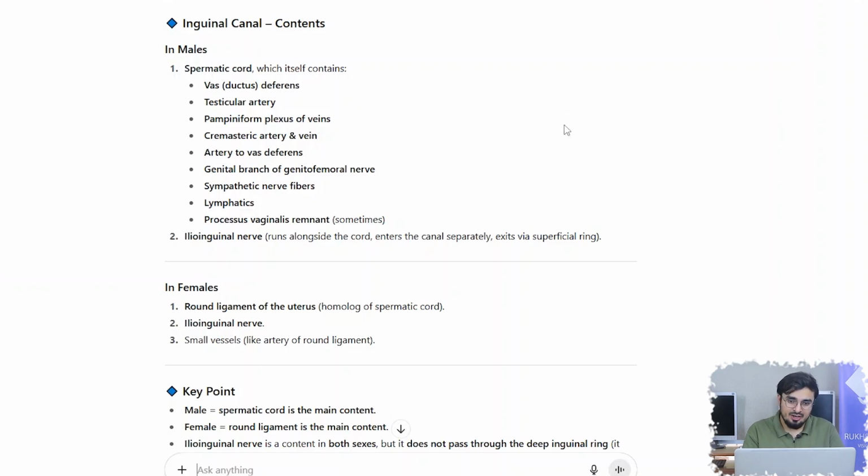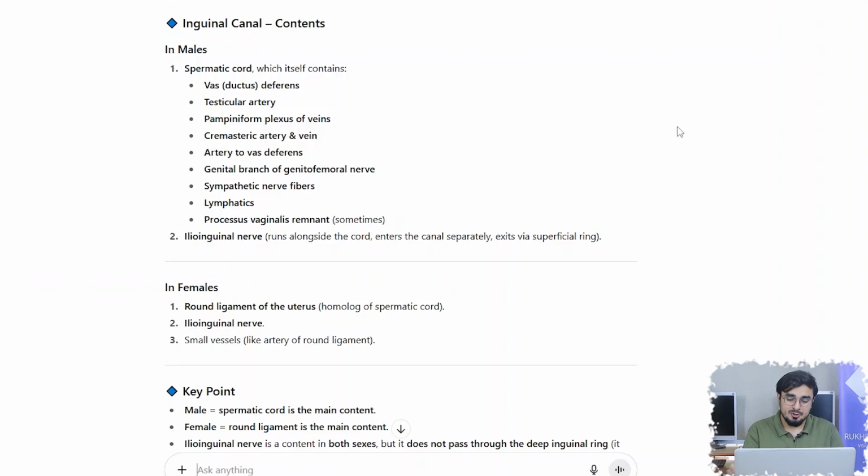About the arteries and veins, the most important artery is the testicular artery, and the most important vein is the pampiniform plexus. Pampiniform plexus enlarges in situations of varicocele. Testicular artery might get lacerated during procedures for inguinal hernias. That's why these are so important. The other artery is cremasteric artery, and the third artery is the artery to vas deferens.